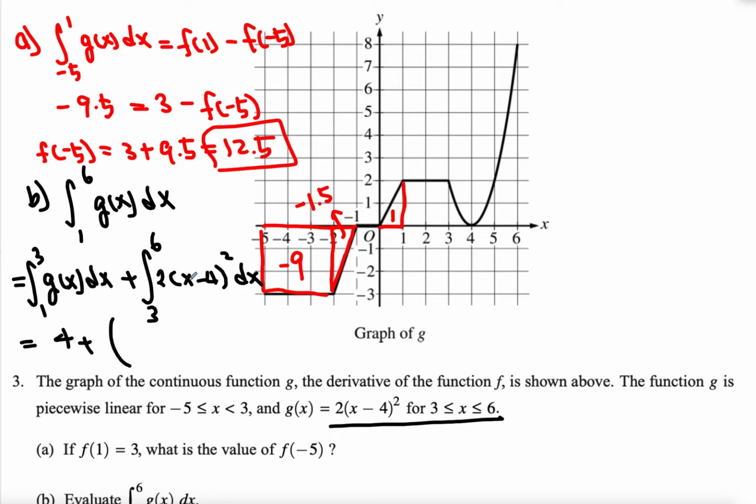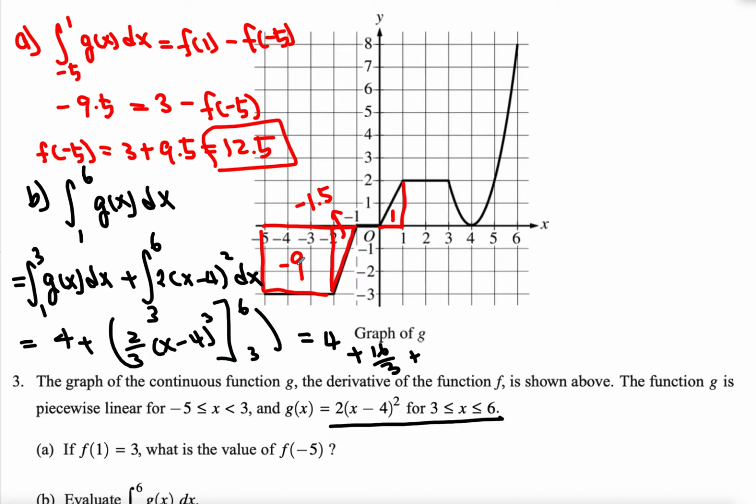How will I be able to integrate this one? Since the coefficient of x equals 1, we can do this quite easily. We get 2/3 times (x minus 4) to the third power, from 3 through 6. When I plug in 6, this is 2, so 2 to the third power becomes 8, giving 16 over 3.